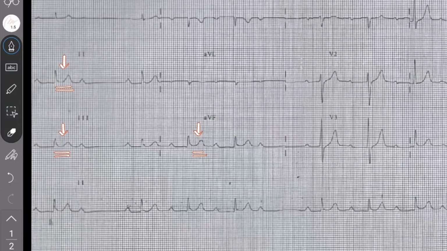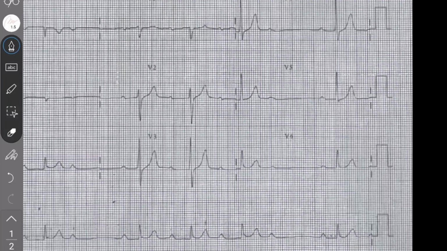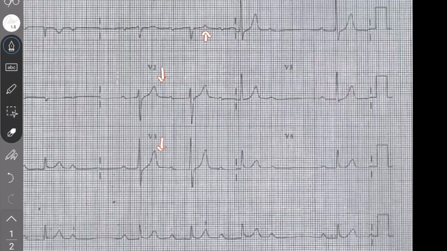What about T waves? In the anterior leads, you see there is tenting of the T waves.